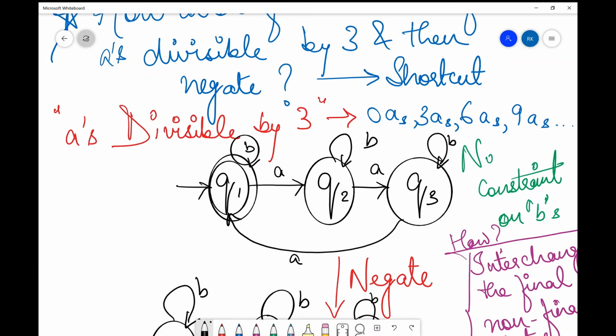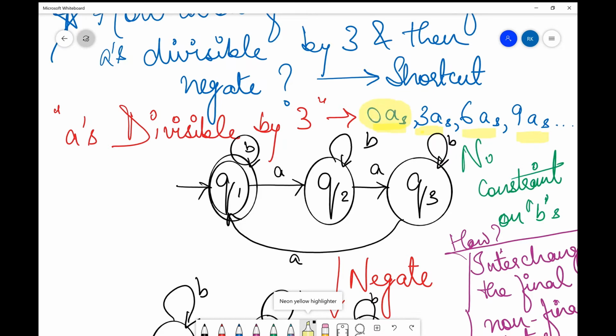Again, I find the various possibilities in which the A's can occur in this particular language. The A's can occur as 0 A's, 3 A's, 6 A's, 9 A's, and so on, right? Since it has 0 A's, we need to get this accepted.